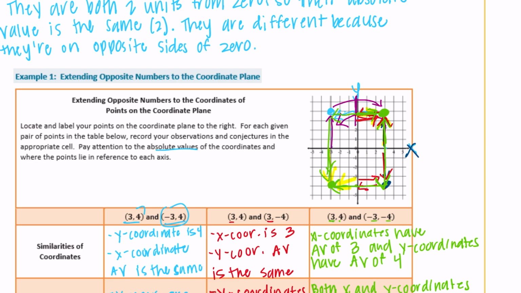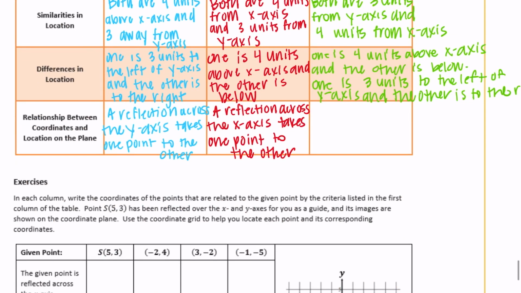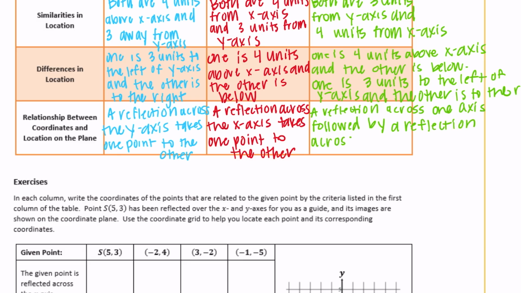So let's describe that by saying a reflection across one axis followed by a reflection across the other axis takes one point to the other.